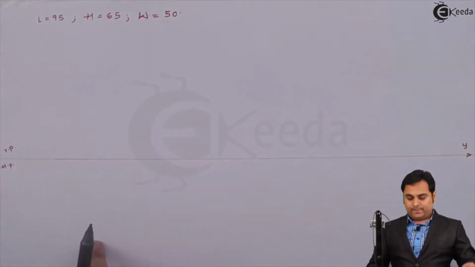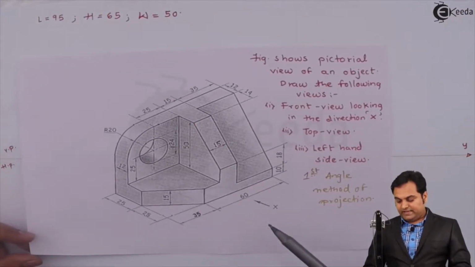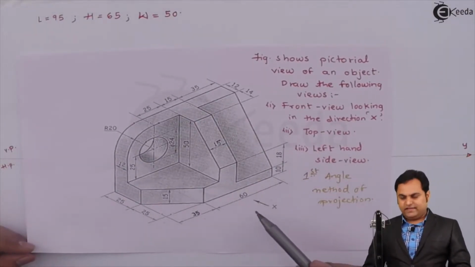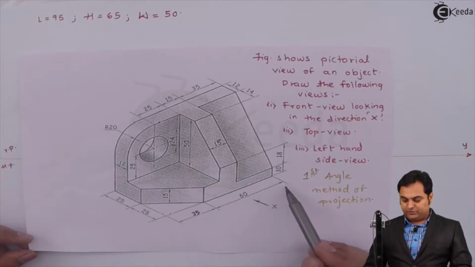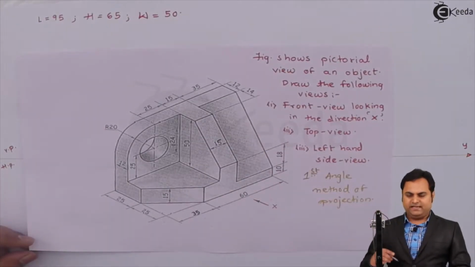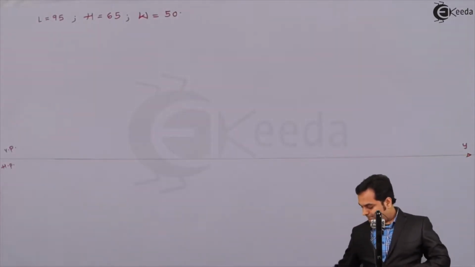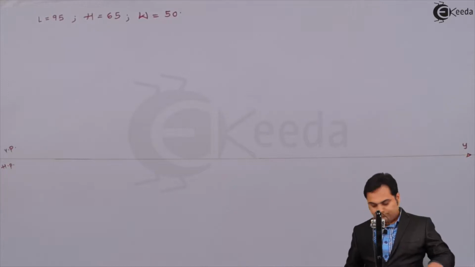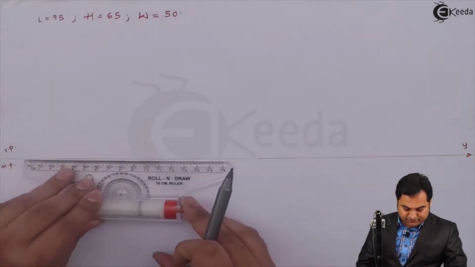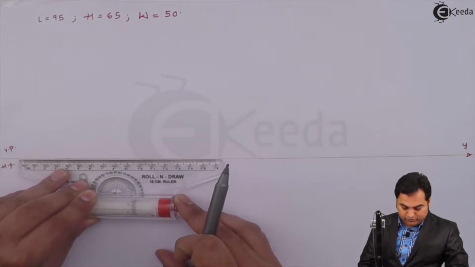And when I'm looking for the object in the direction of arrow X, in that case the length of the object is visible to me and the height is visible. So from the front, I'll draw the rectangle having length and total height. As I mentioned, front view we have to draw it on left hand side because side view will be drawn on right side.